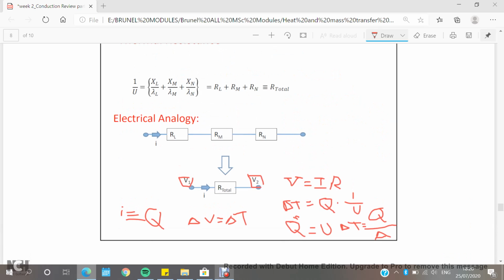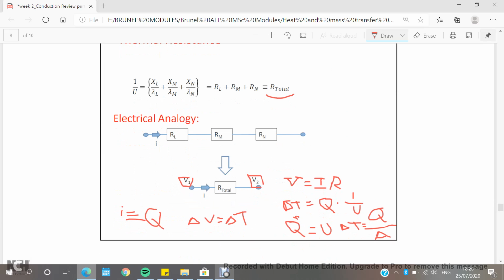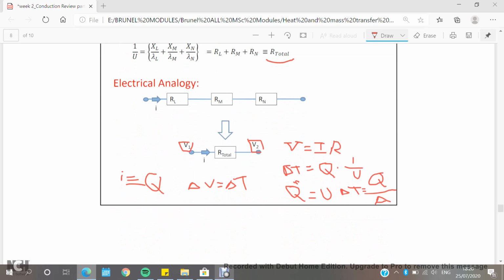So we just need to remember what the total heat transfer resistance is and what the U value is, as I mentioned before, and we can calculate the heat transfer rate by remembering one of the first electrical principles, which is Ohm's law.